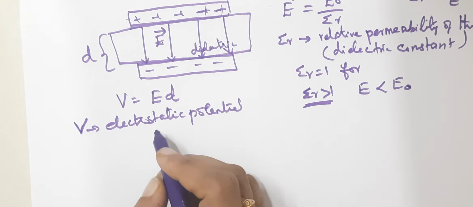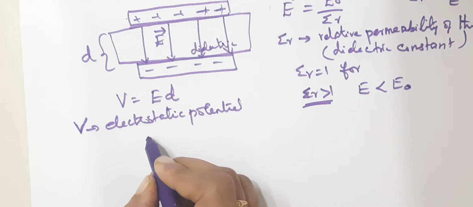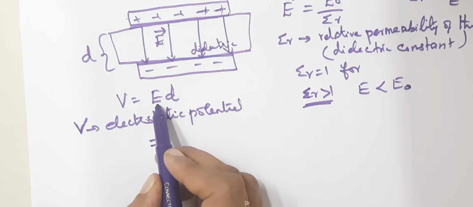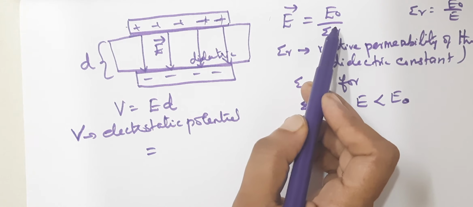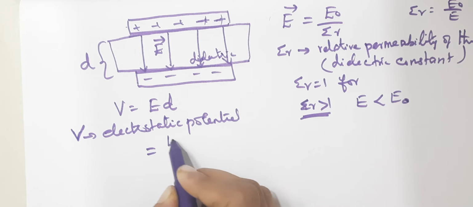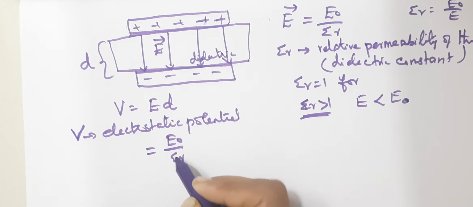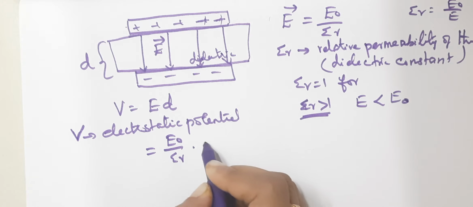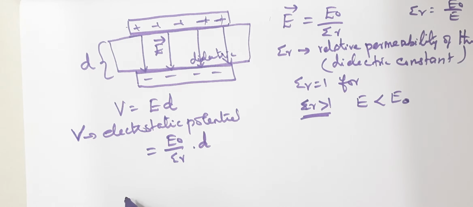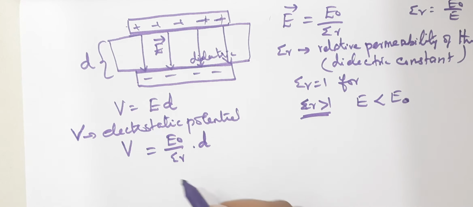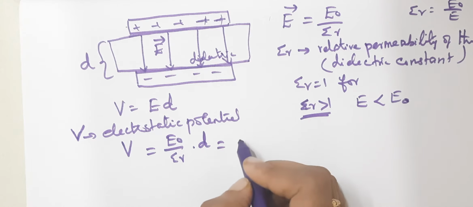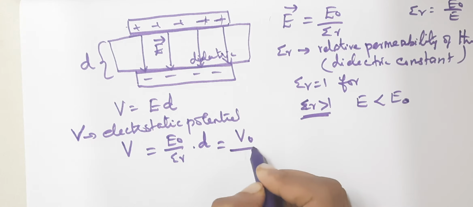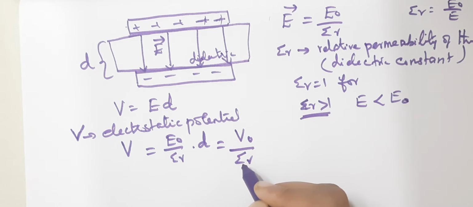That we can write as V, substituting E with E0 by epsilon r, so E0 by epsilon r into D, that is equal to V. E0 into D is otherwise written as V0. So V equals V0 by epsilon r.